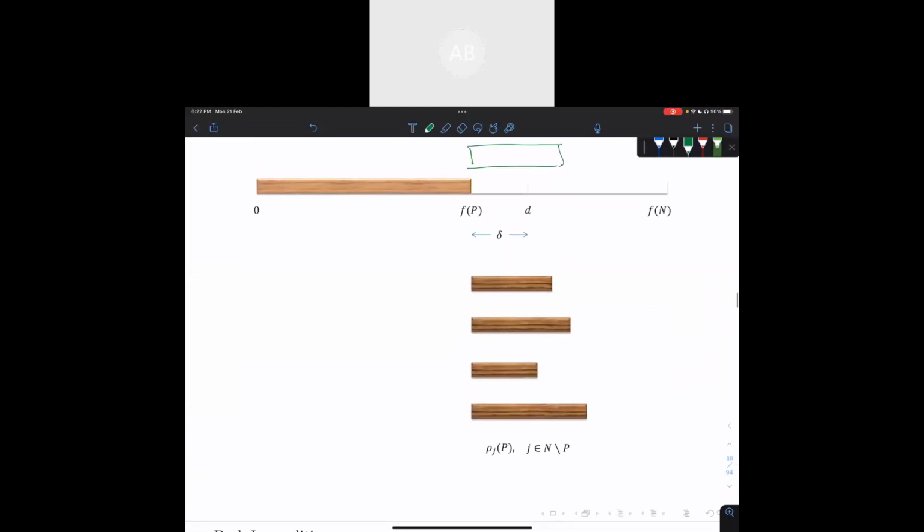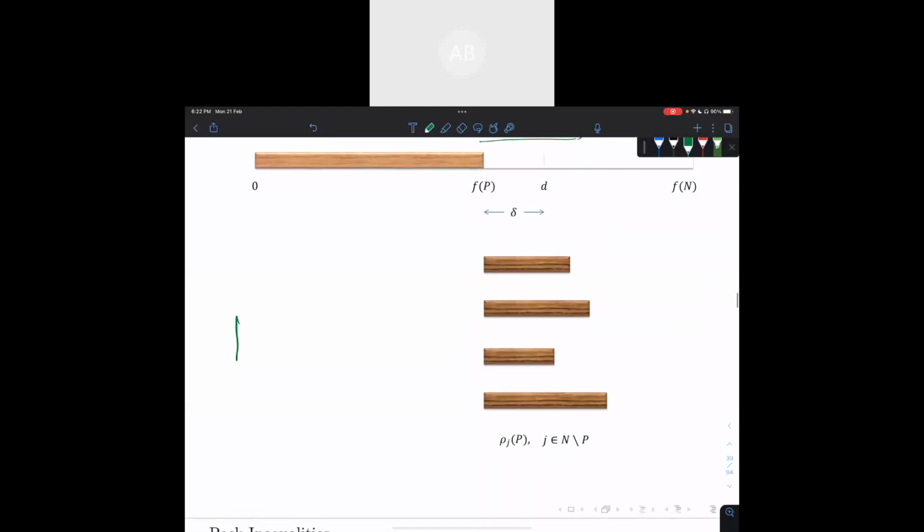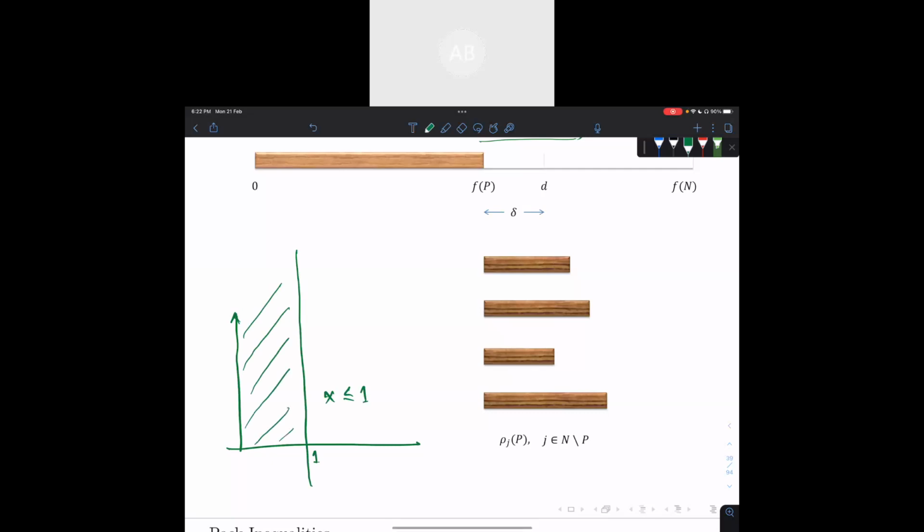So one way to look at this is, let's look at this argument. This is x less than or equal to 1, and xi greater than or equal to 0.